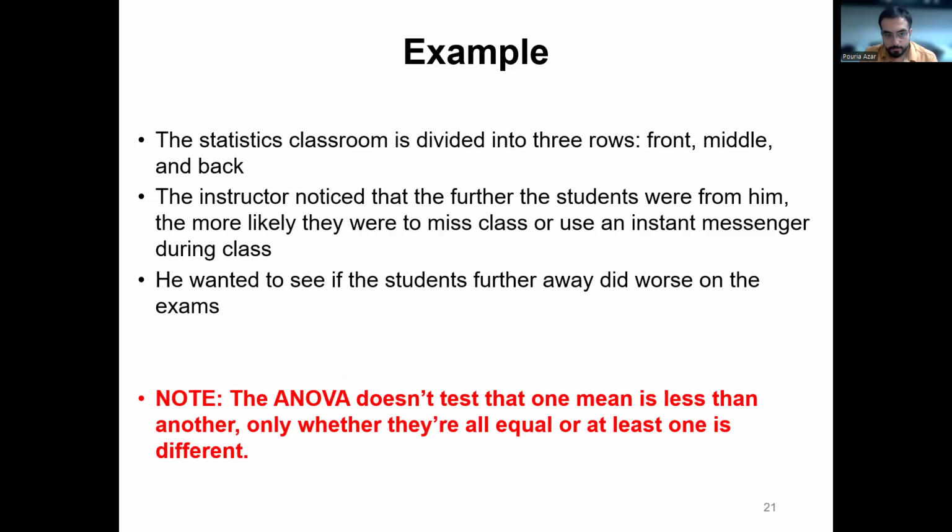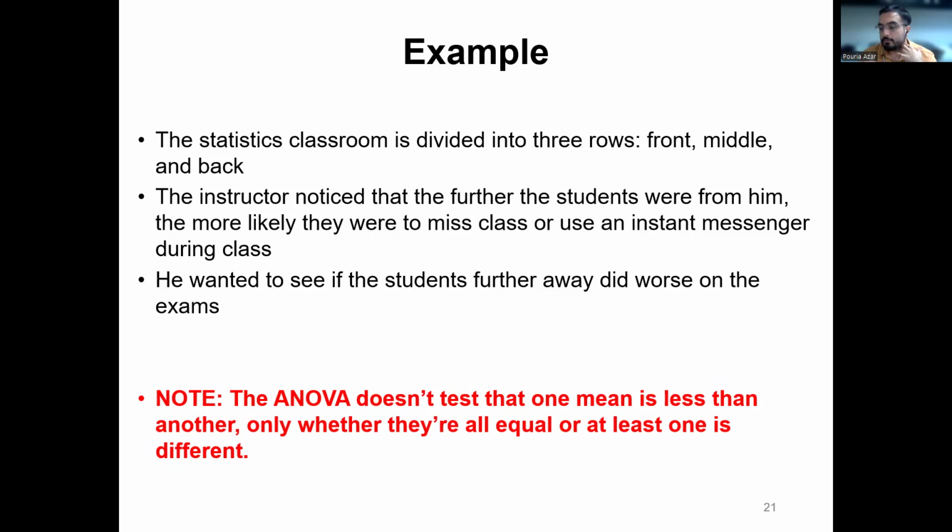This is an important point. The ANOVA does not test that one mean is less than another, only whether they are all equal or at least one is different. So in other terms, if we run ANOVA, we can say the means are different from each other if it is significant. If ANOVA is significant, we can conclude that the means are different from each other.